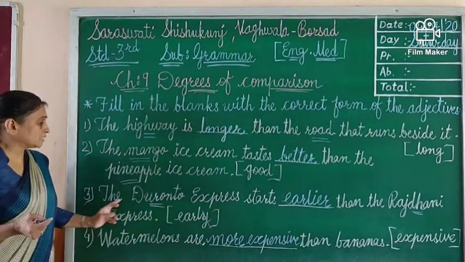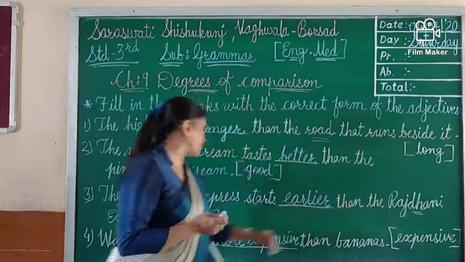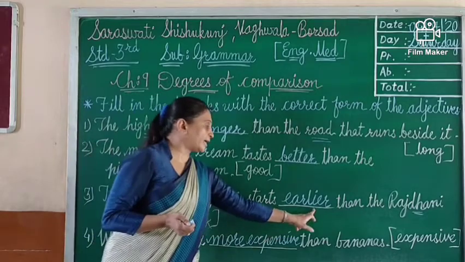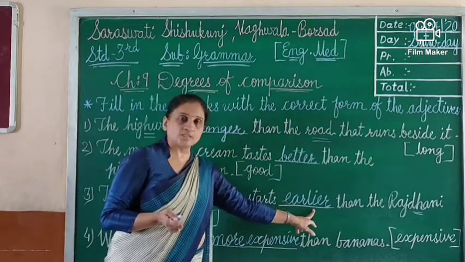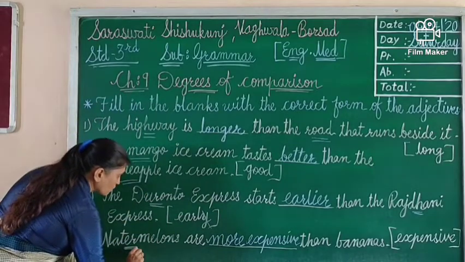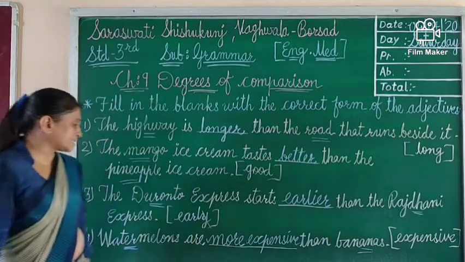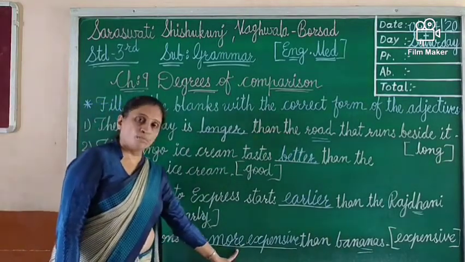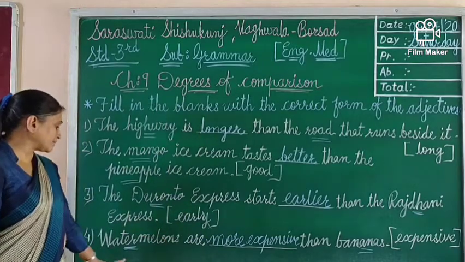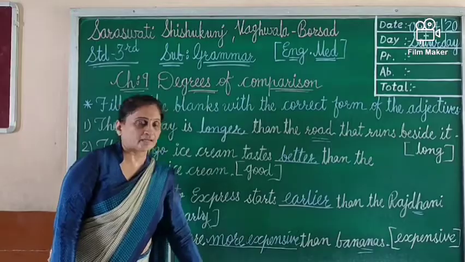The third one is: the Duronto Express starts earlier than the Rajdhani Express. Here instead of Y we add I and then ER. So this is the third rule. And here we are doing comparison of watermelons with bananas. We add more before the adjective, and we made the sentence this way: watermelons are more expensive than bananas.